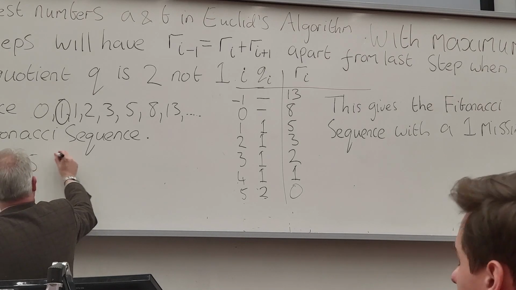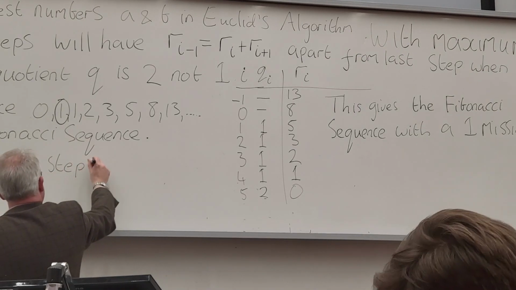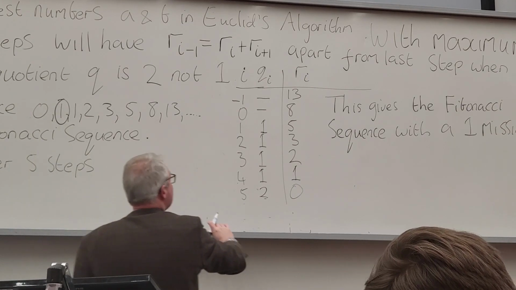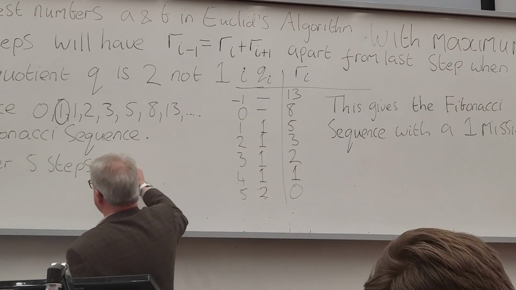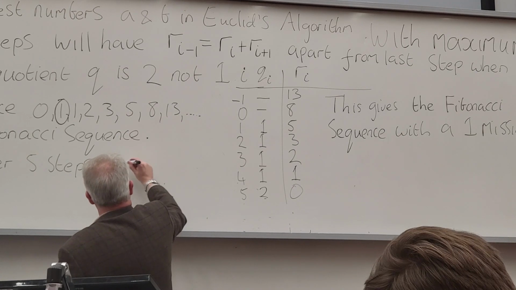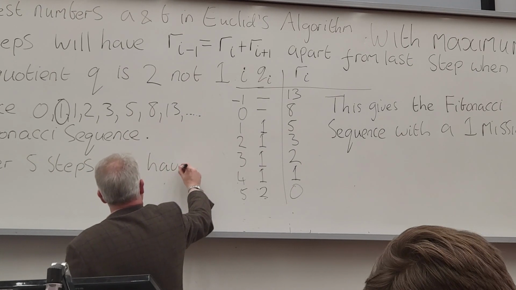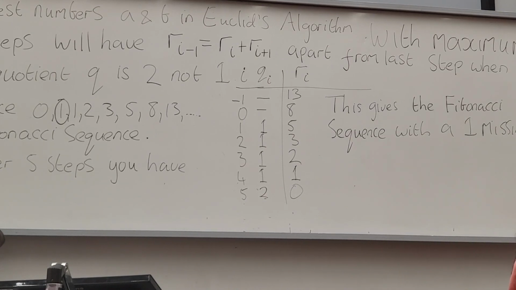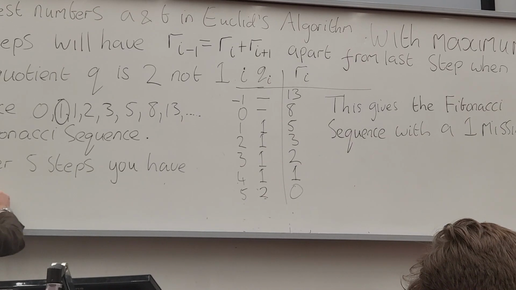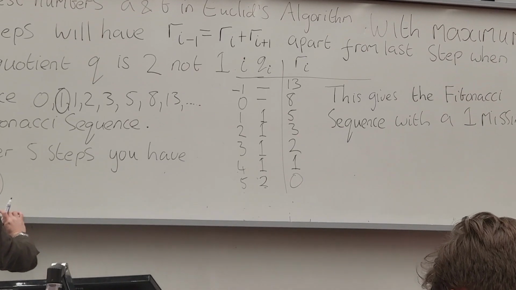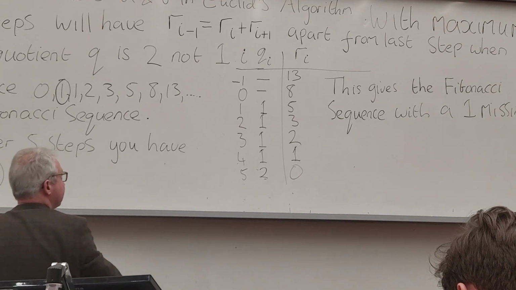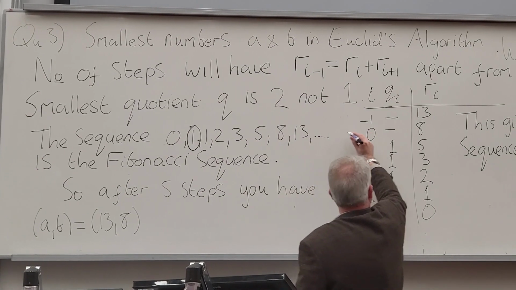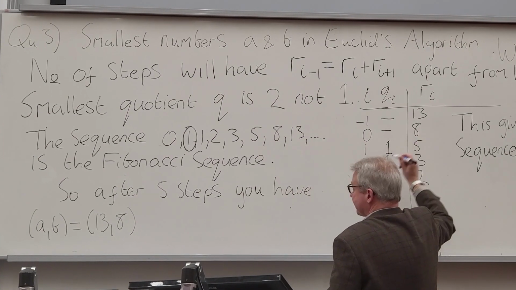So after 5 steps, you do indeed get 13 and 8. And after 4 steps, I can chop it off here, and I get 8 and 5.